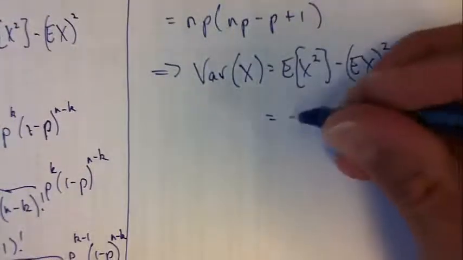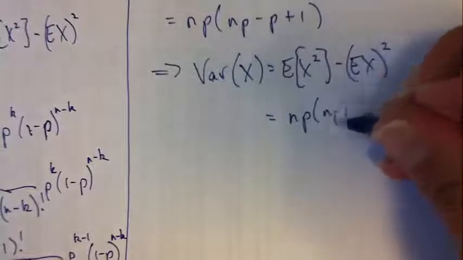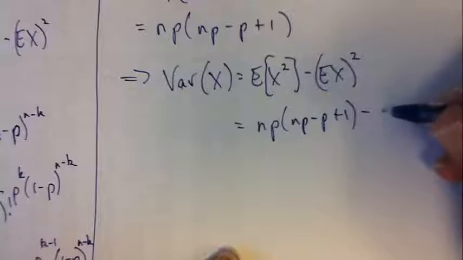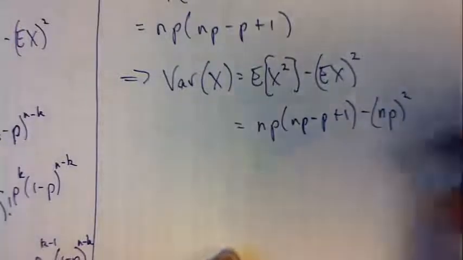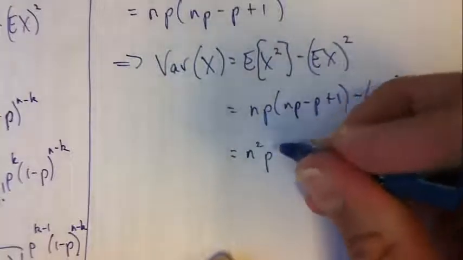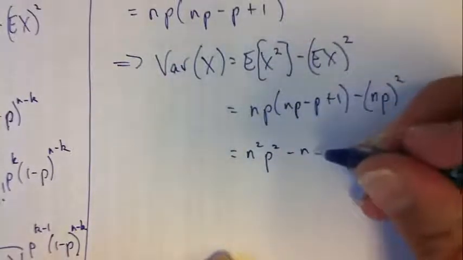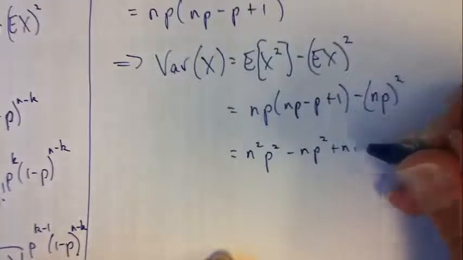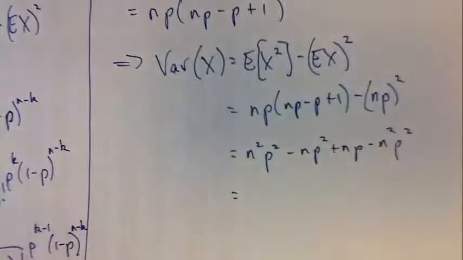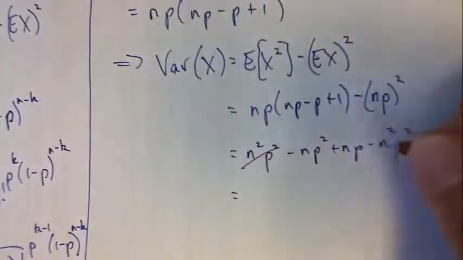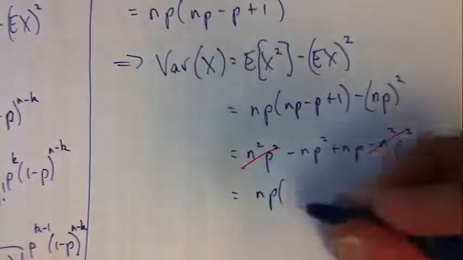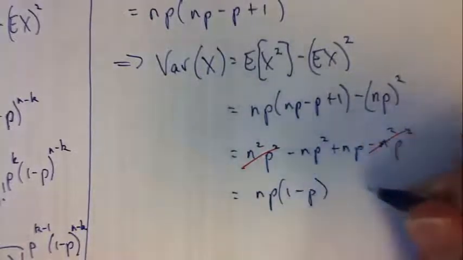That's np times np minus p plus 1 minus the expected value of X, which is np. I'm going to square all that. Okay, so that's n squared p squared minus n p squared plus np minus n squared p squared. Right? And so I get some canceling there, and I just get np times 1 minus p, and there we go. Fantabulous.